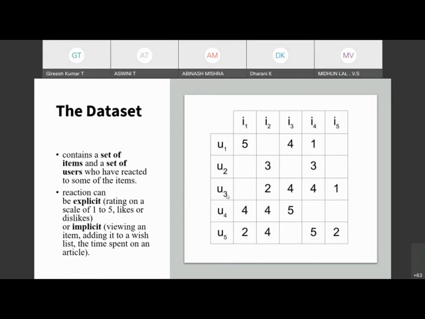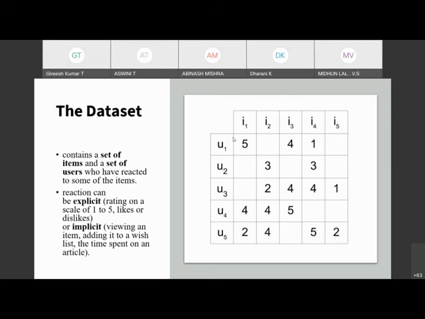Each user sometimes gives a review for a particular item, sometimes doesn't. We also have a scale, 1 to 5, like 1 star, 2 star, 3 star, 4 star, 5 star. That is called a scale.